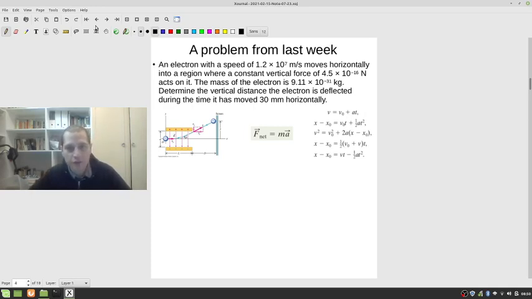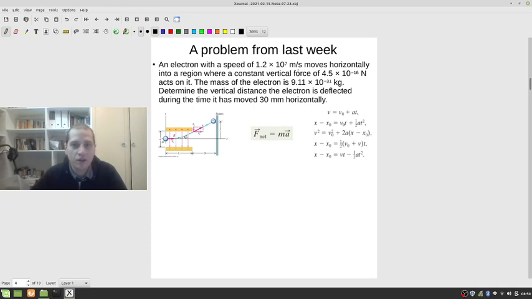So here's, for instance, a question that I thought I was going to get some cries for help on. I didn't. Maybe it's because it's easy. I don't think so, though. It says you have an electron with a speed of 1.2 times 10 to the plus 7 meters per second. Okay, so that's about 0.5% of the speed of light.